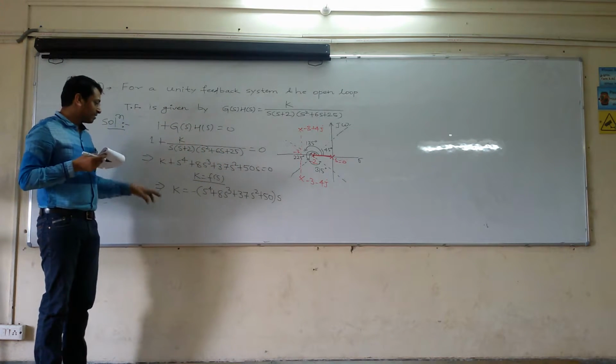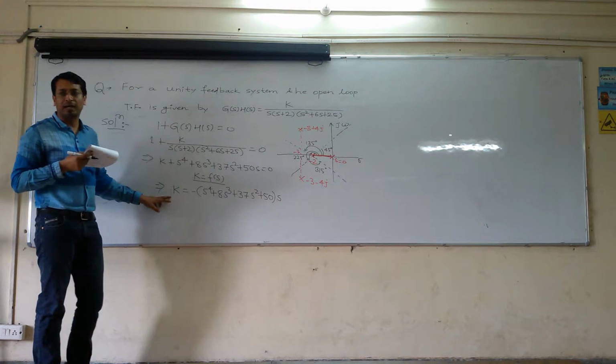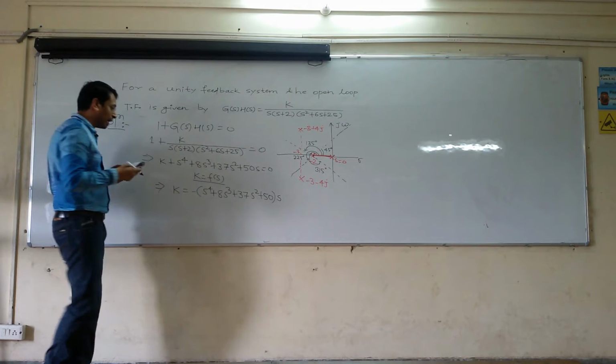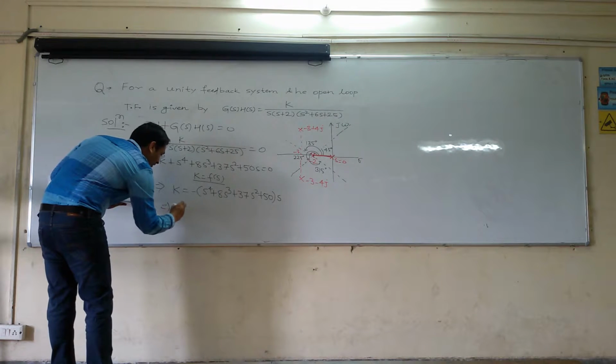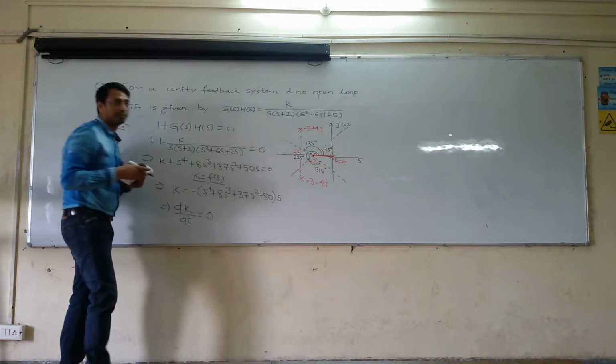If you are interested in finding the breakaway point, you have to differentiate this value of k with respect to s and put that equal to 0. So dk upon ds will be equal to 0.